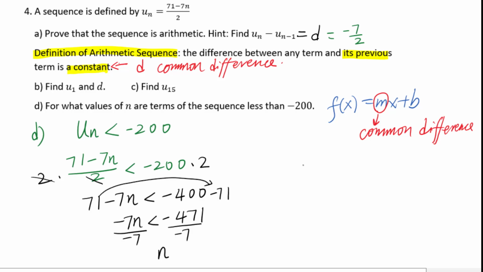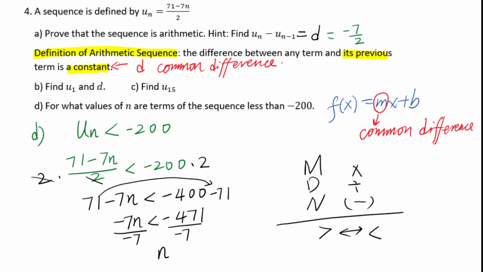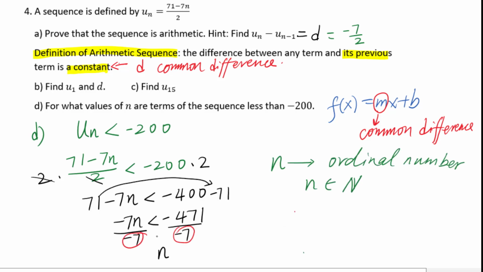Remember, when you multiply or divide by a negative number, we switch the symbol. Since we divided by negative 7 on both sides, we change the symbol: n greater than 67.3. Since n is called the ordinal number, n is a natural number. We're looking for a natural number greater than 67.3.